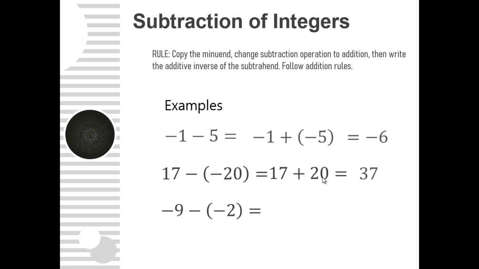Next. Negative 9 minus positive 2. Copy the minuend, negative 9. Change this to plus. And then this one will have negative 2. Follow the rules of addition.